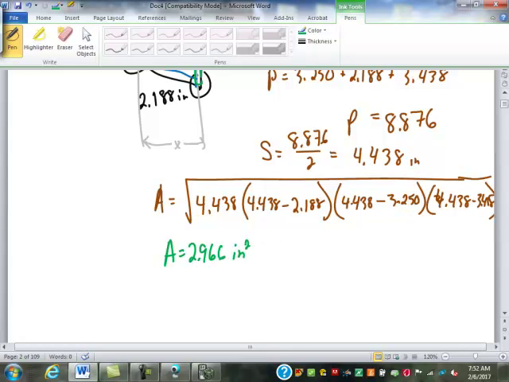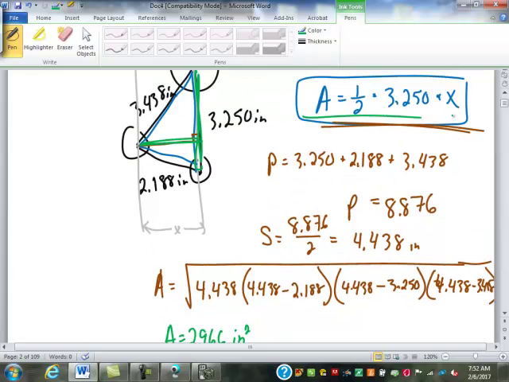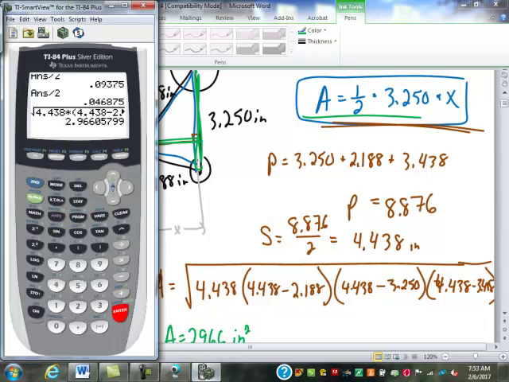So then, going back to this formula, 2.966 equals 1/2 times 3.250 times x. So I'm going to take my 2.966, I'm going to divide by 1/2 or multiply by 2, then divide by 3.25.